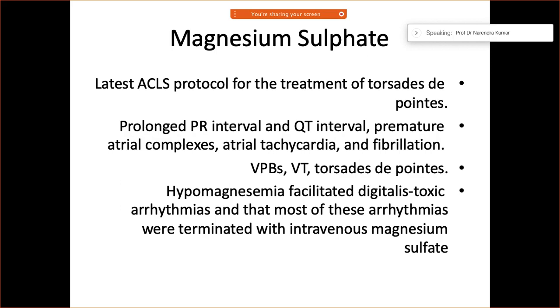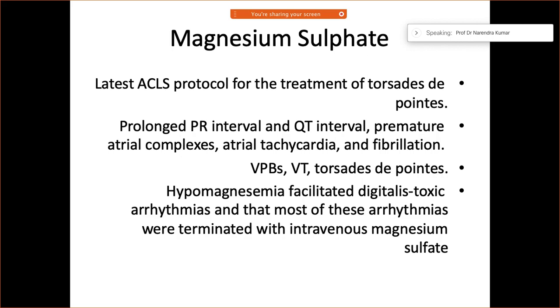Similarly, if the patient is having ventricular premature beats, VT or torsades, this is a great drug, in fact. A lot of times you come across hypomagnesemia, which facilitates the digitalis toxic arrhythmias, in fact. So it's another wonderful drug.